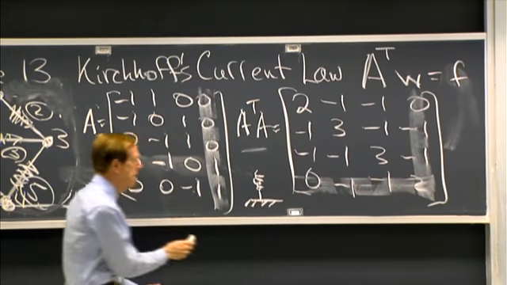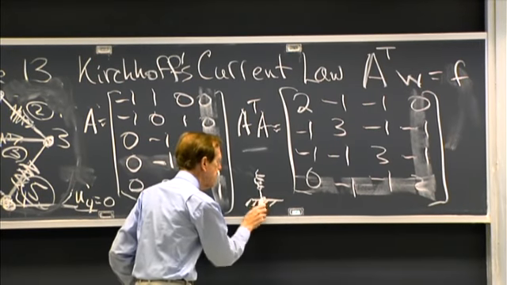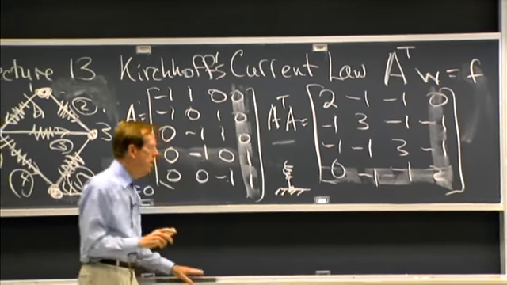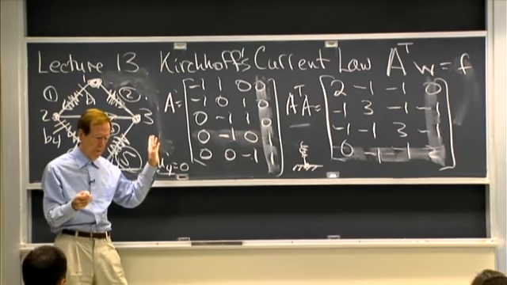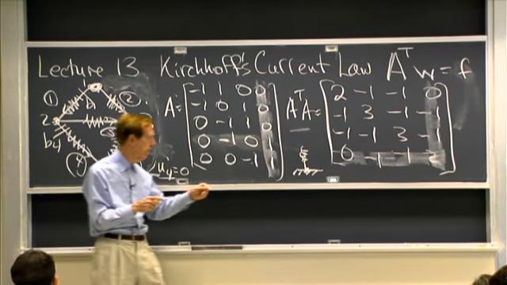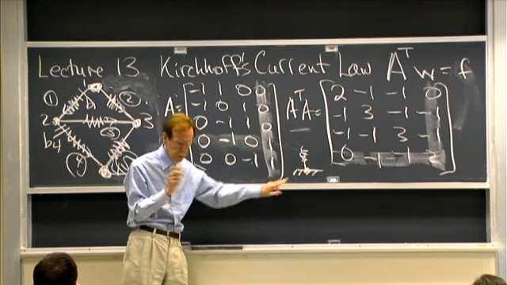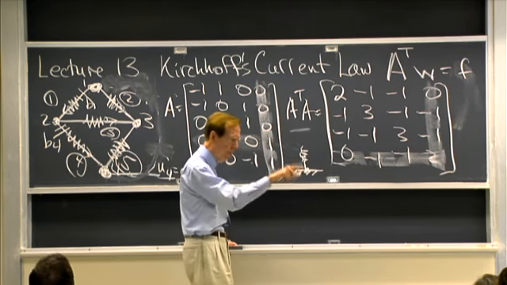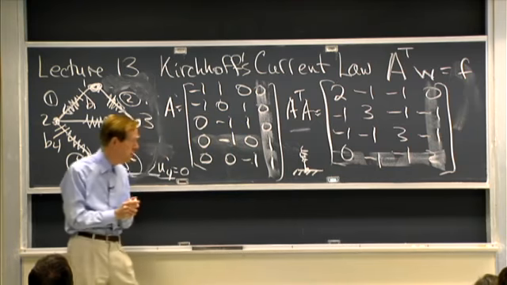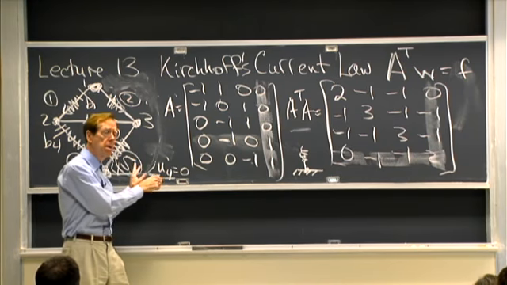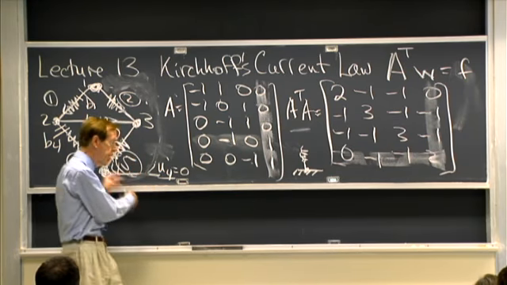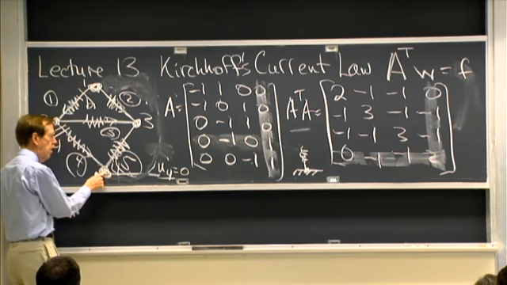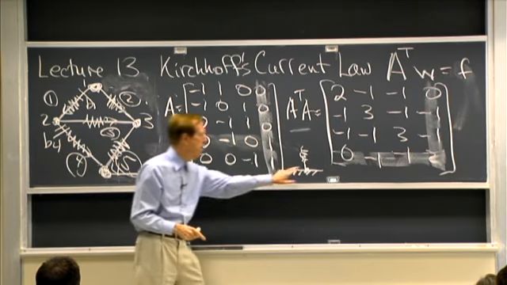And now what happens when I fix this? I'm asking you to think back about the force balance, which we certainly saw was an A transpose W equal F business. And then parallel will be the current balance at that node. Okay, so what was the deal on force balance?